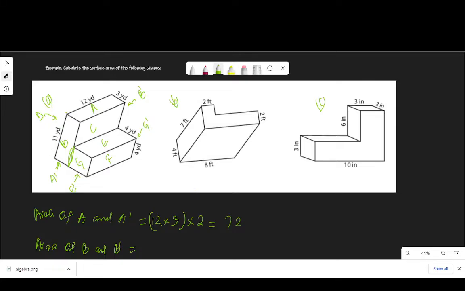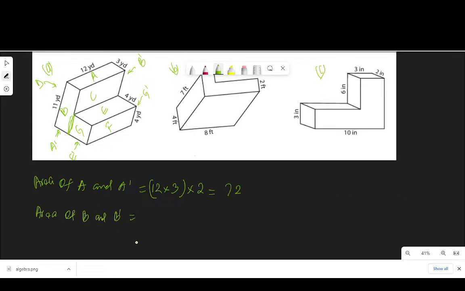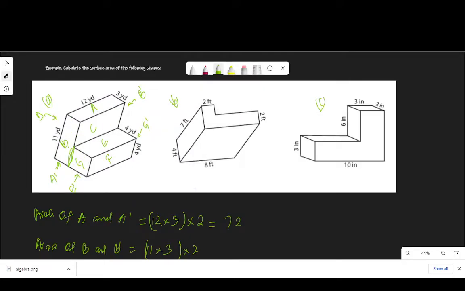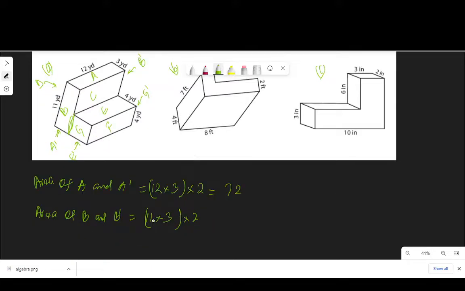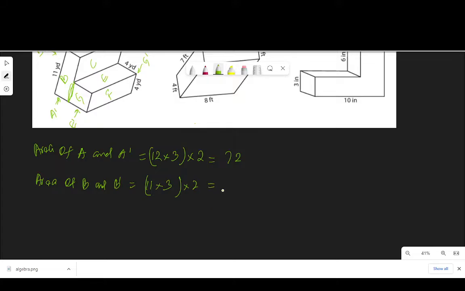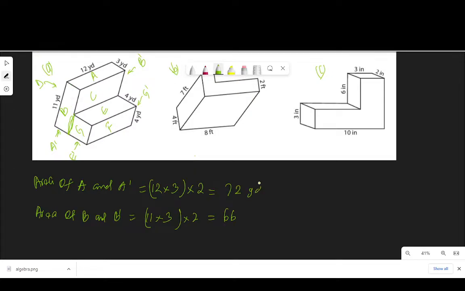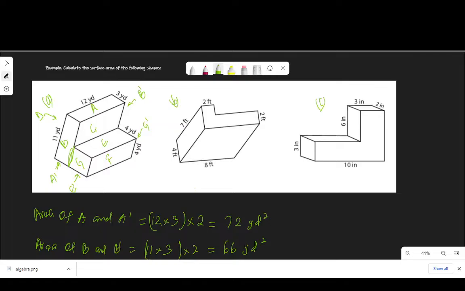The width is 3. 11 times 3 and multiply by the two of them, the side facing us here and the one hidden behind. 11 times 3 is 33. That times 2 is 66 yard square.